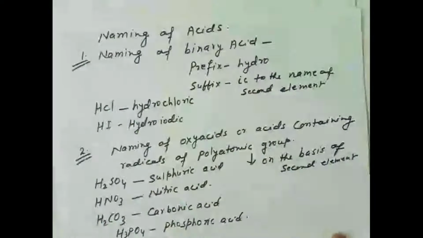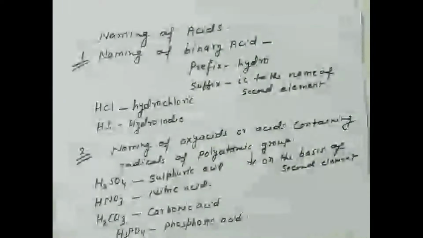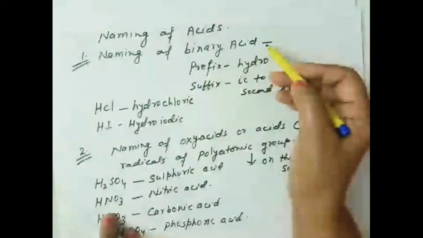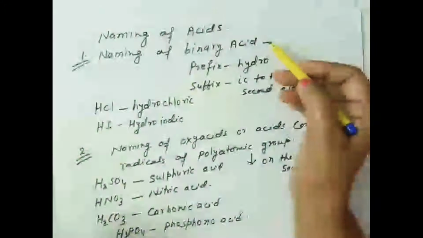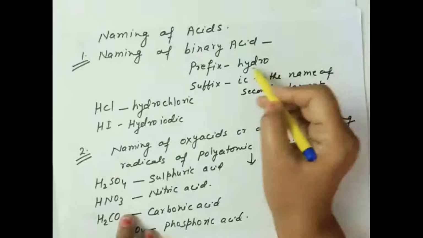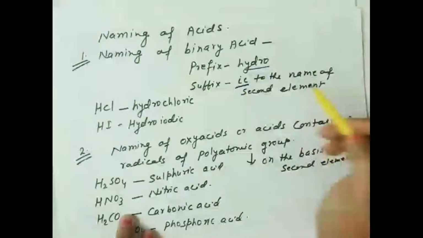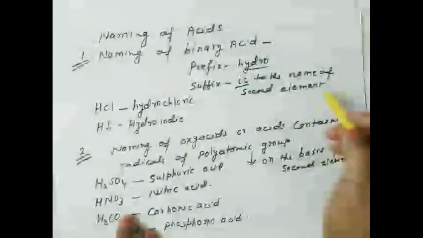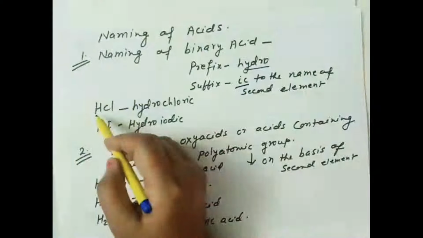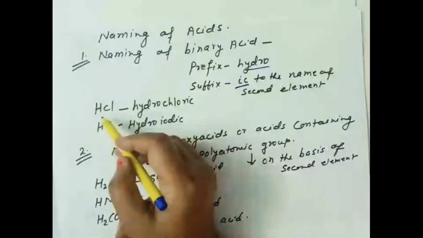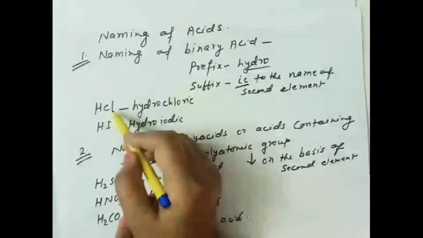Now come to naming of acid. If an acid is a binary compound, that is, made up of only 2 elements, then the prefix hydro and suffix ic is written with the second element. Suppose HCl, it is made up of 2 elements, hydrogen and chlorine.